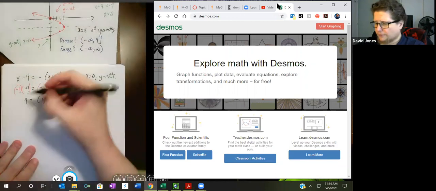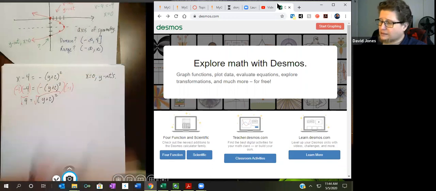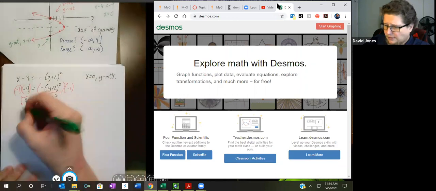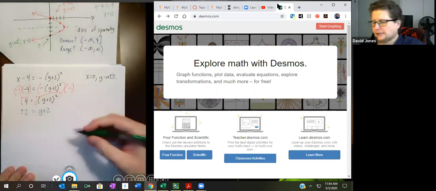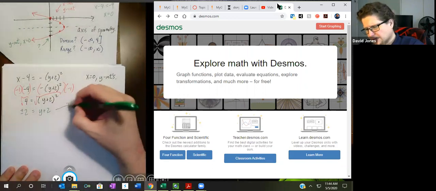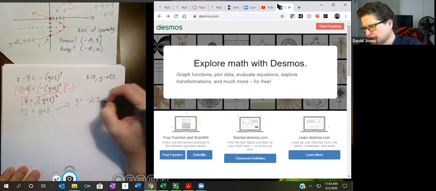We'll take the square root, and I get plus or minus 2 equals y plus 2. Subtract 2 from both sides, and I get y equals negative 2 plus or minus 2.